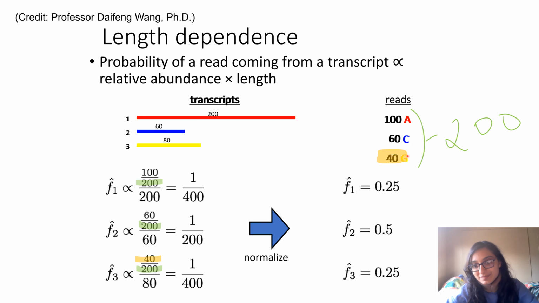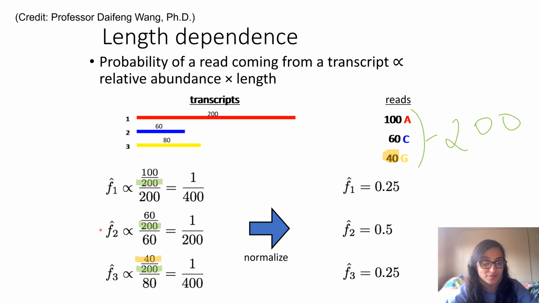So that's 40 out of 200 for the third group. And then you divide it by 80, which is the length for transcript 3. So 40 out of 200 will be the numerator, and the denominator will just be this 80.